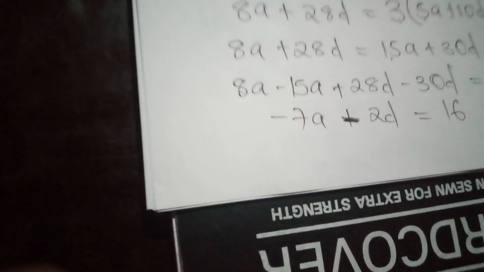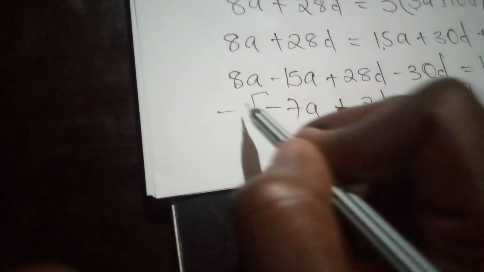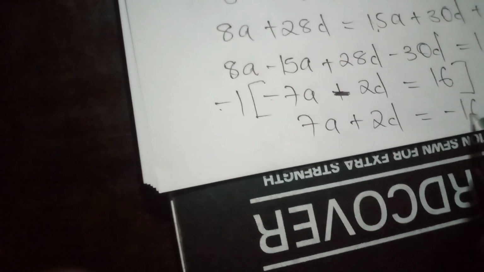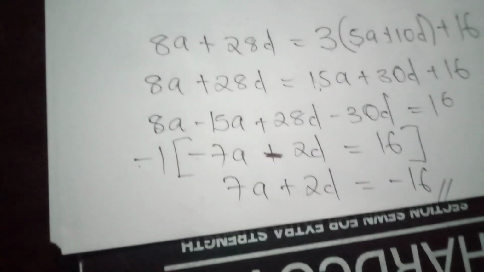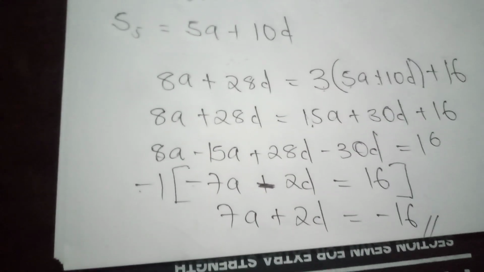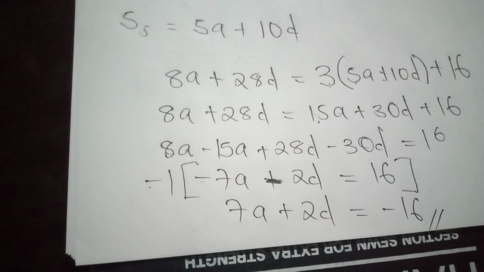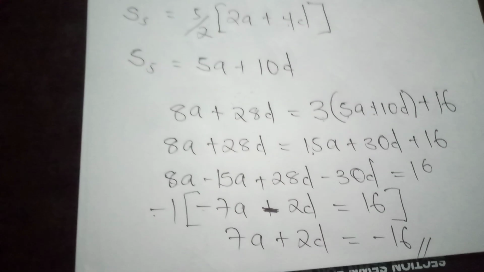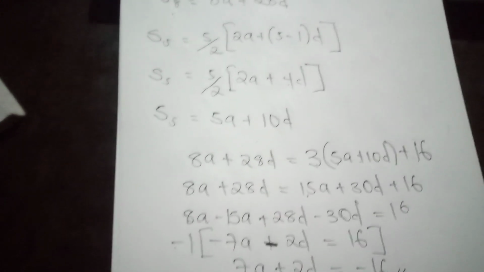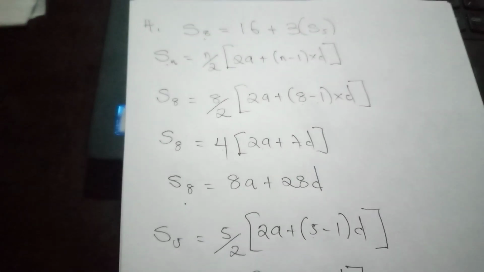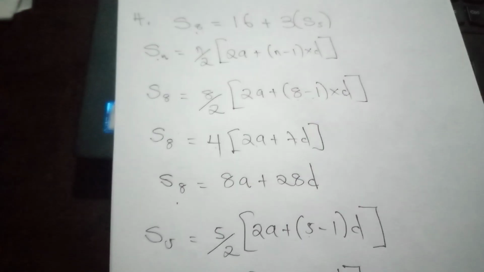From there, if you want, you can multiply both sides by negative 1 just to kill the negative. So that is 7a plus 2d is equal to negative 16. This is the first answer on the relationship between the first term and the common difference. This is the way it was supposed to be answered. We can proceed to the next one.